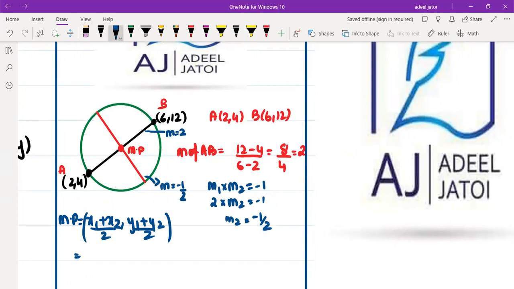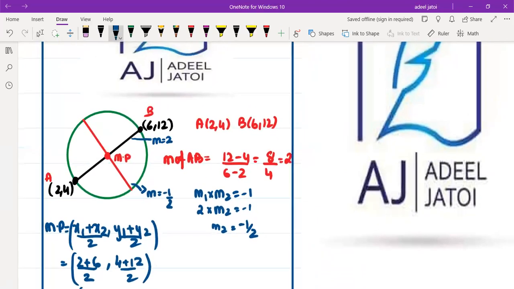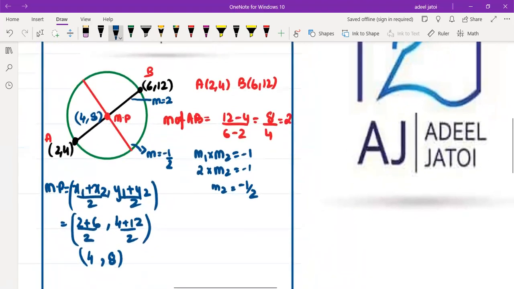With this formula, we can find the midpoint through which the perpendicular bisector crosses. So this is 2 plus 6 upon 2, which is 4, and 4 plus 12 upon 2, which is 8. So your midpoint is (4, 8).